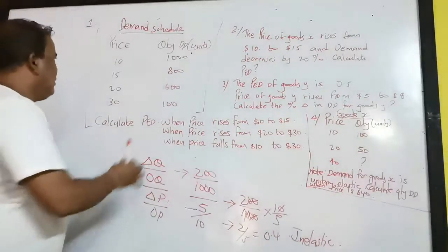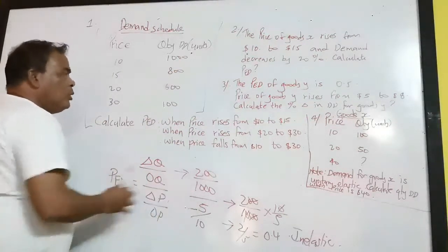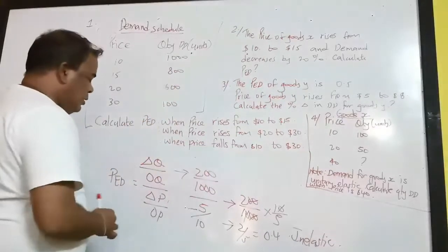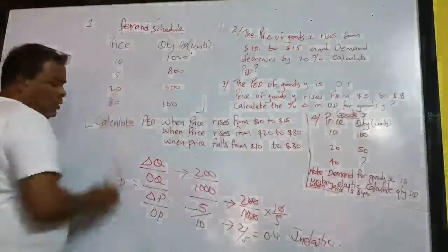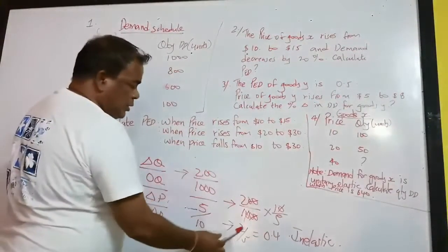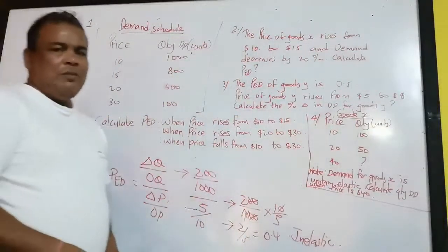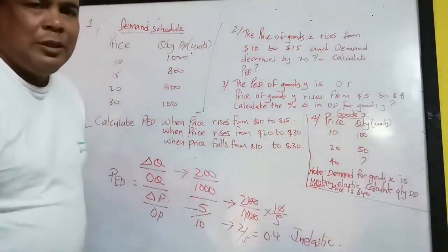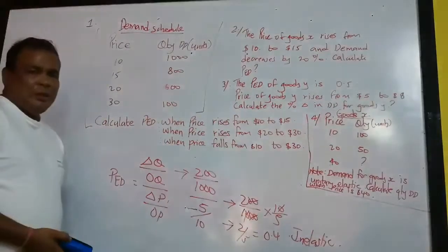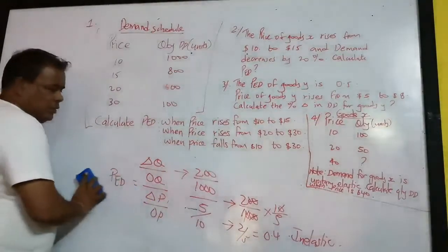Change in quantity, 1,000, now 800, change in quantity 200. Original quantity is the first quantity, 1,000. Change in price 5. Original price, the first price, 10. Then mathematically we do it, and it will go like this, 0.4. Very easy to calculate price elasticity of demand using the proportionate method.